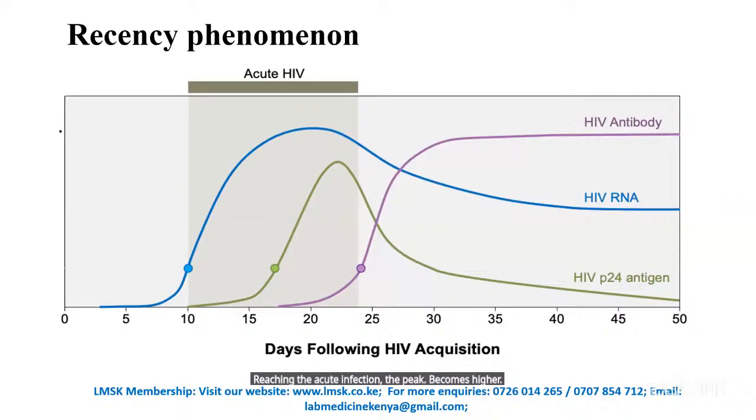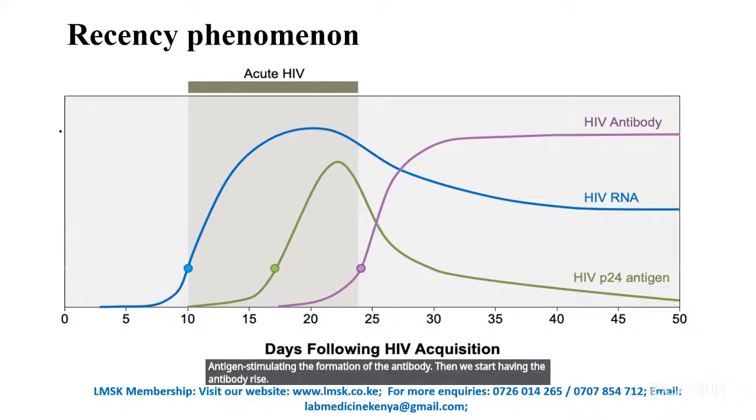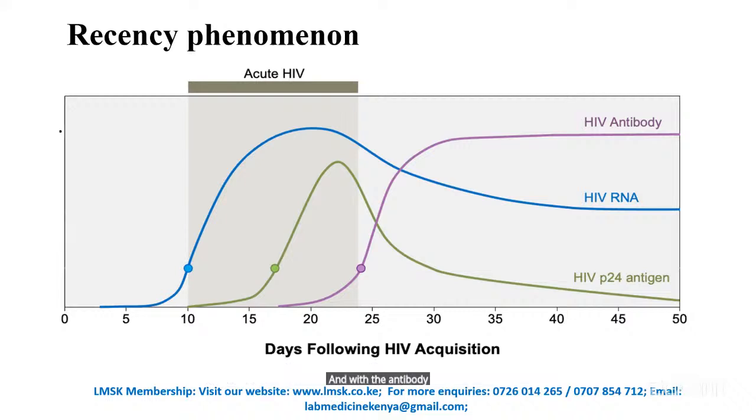And as the peak reduces, the antibodies are formed as a result of the antigen stimulating the formation of the antibody. Then we start having the antibody rise. With the antibodies rising, we have the GP41 and other antibodies like the P29 and 120 antibodies.